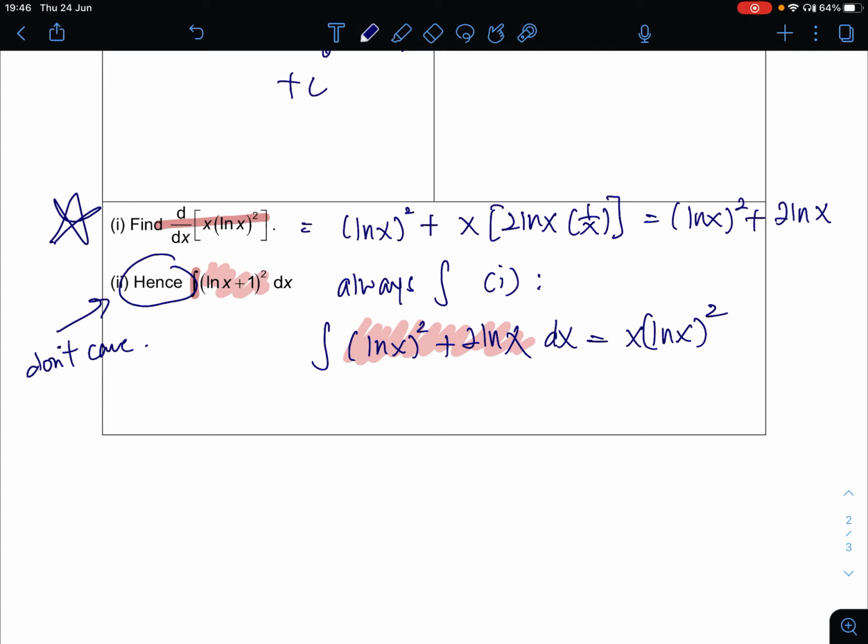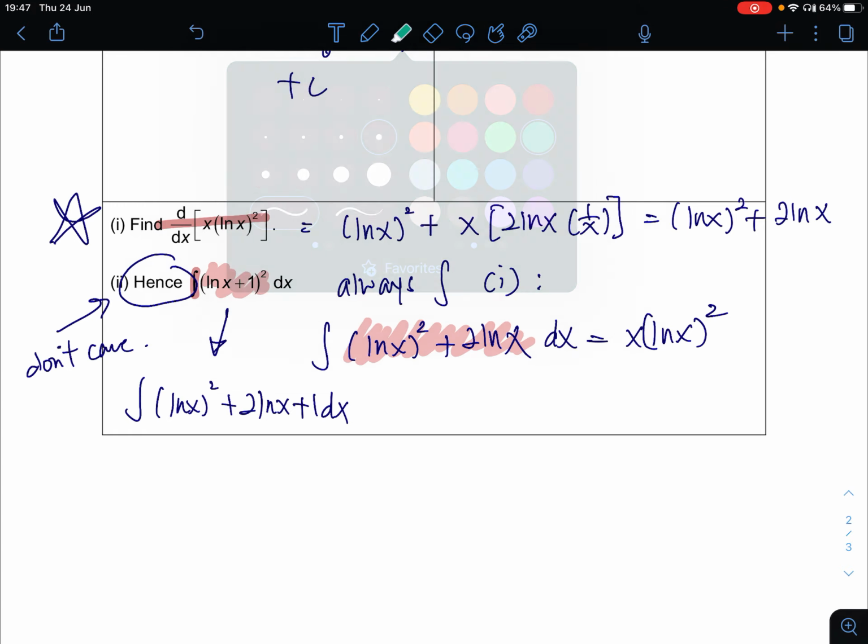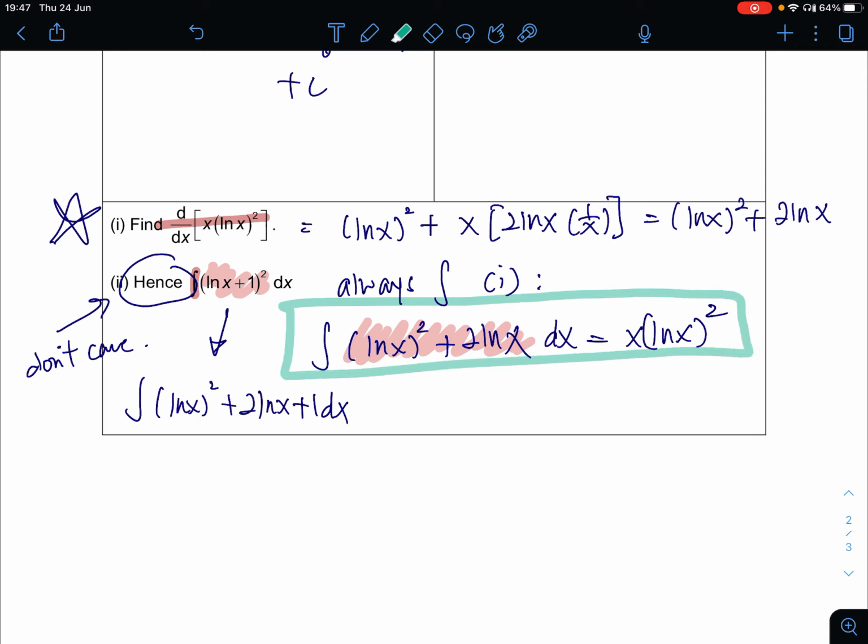Okay, so I think what you should do is let's expand this. Then you will get a squared plus 2ab plus b squared. Okay, so what you have now is here. This is what we have now. I want to change it to look like what the question wants. So we just put in the plus 1 now.